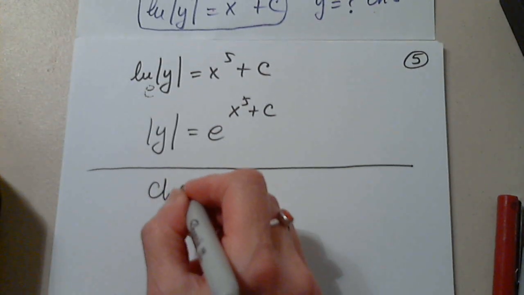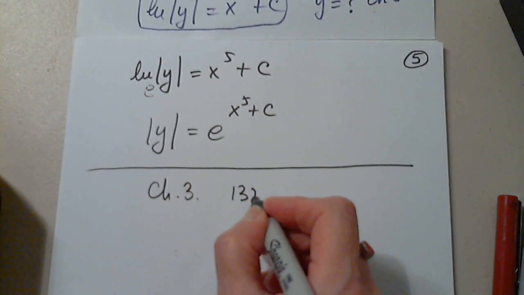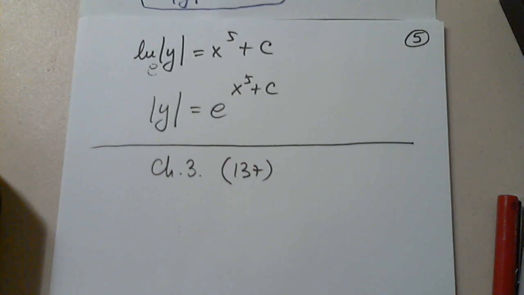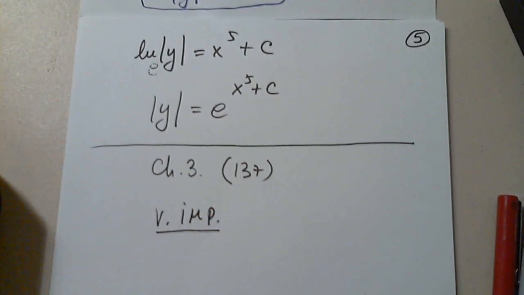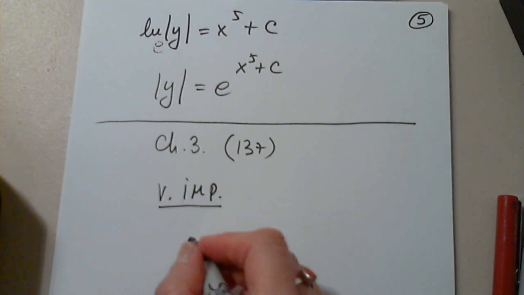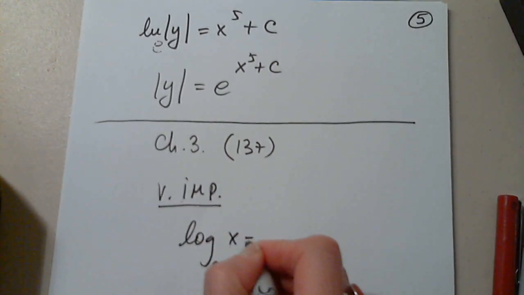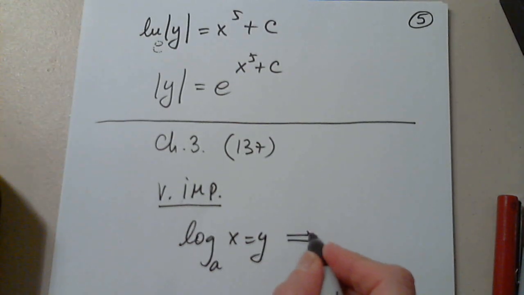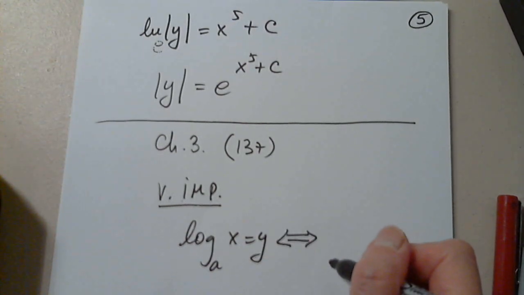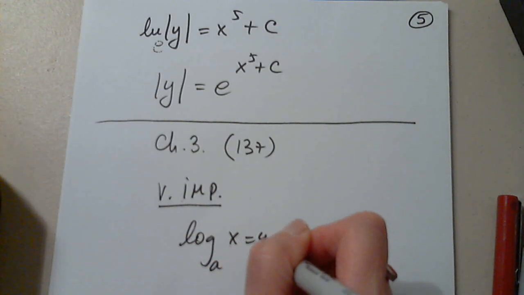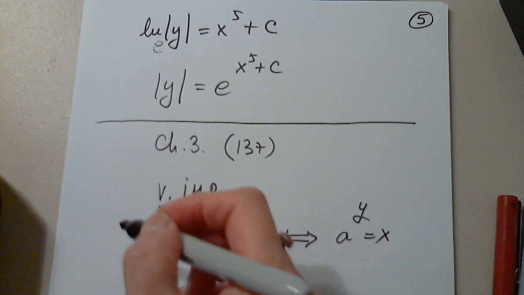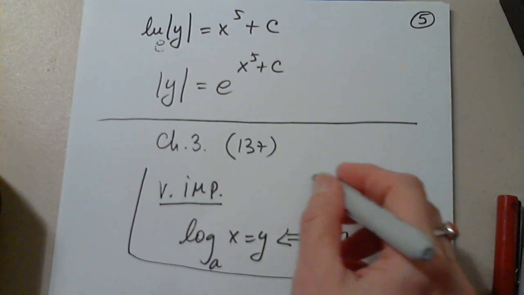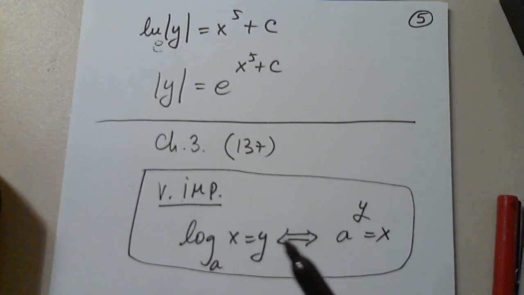When we discussed chapter 3, and this was also done in 137 course, we said that a very important relationship is any logarithmic equation can be converted into an exponential one. Base raised to this power equals x. This is the procedure that I used. A raised to y equals x.